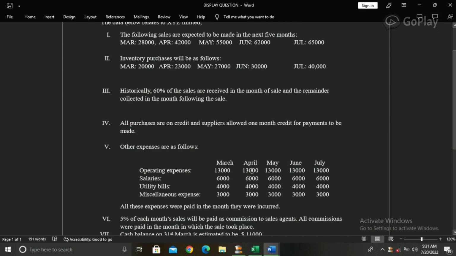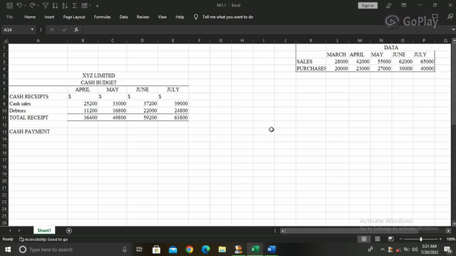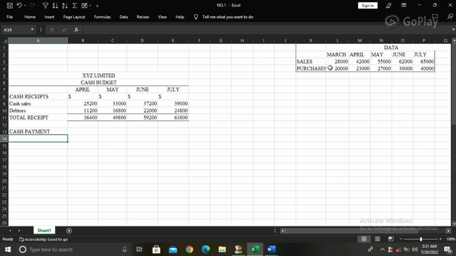So it means that when you buy inventory for this month, you are going to pay everything in the following month. So whatever purchases that were made in March, the money will be paid in April, and that of April will be paid in May.